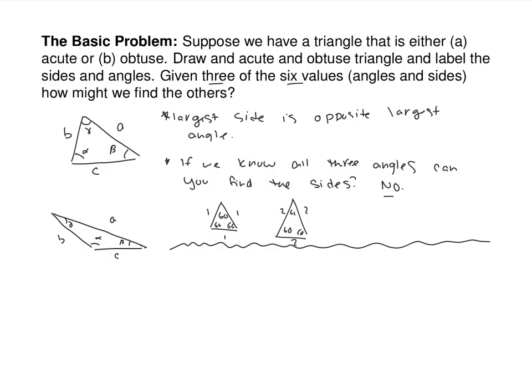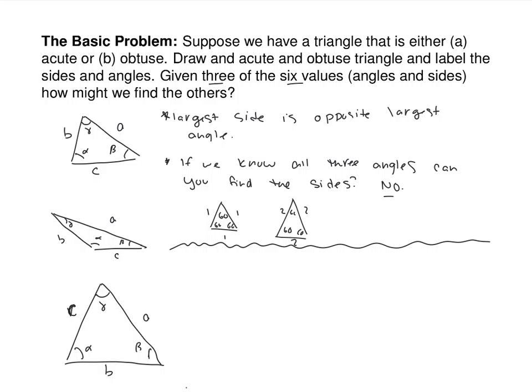Okay, so assuming we have a side and an angle or some other combination of that, here's how we're going to go. Look at that first picture. I'm going to draw it a little bit bigger. This was my A, this was my alpha, this is my beta. And the law of sines is given below.